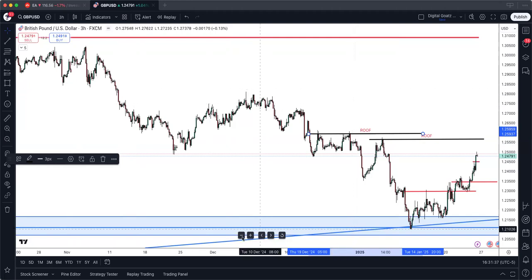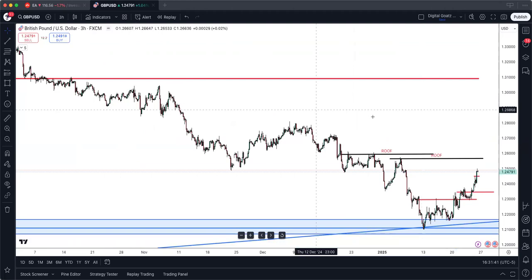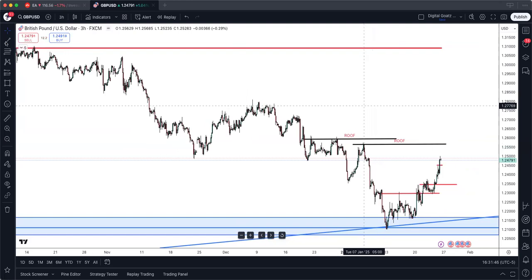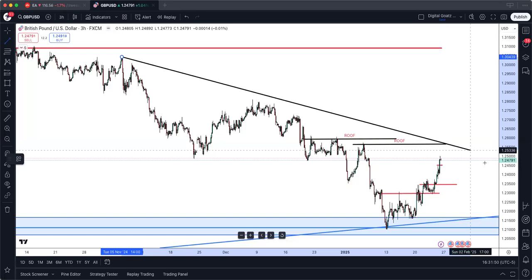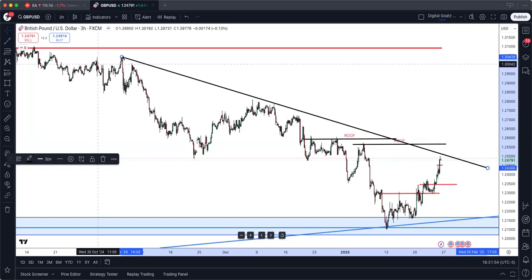Because again, if we just draw a trend line. Now, this isn't a traditional trend line, as in, well, I guess it is still following resistance. The reason I said this is because what I'm trying to establish is that I just drew a resistance trend line from where the market pretty much started falling aggressively.